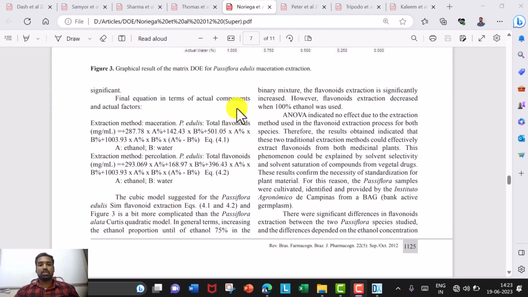Binary mixture of ethanol, 75% ethanol and 25% water, will be good for extraction of flavonoids. We can get a high yield of flavonoids from this condition.